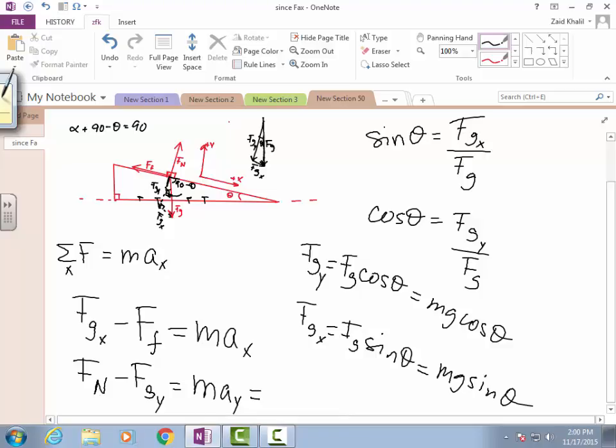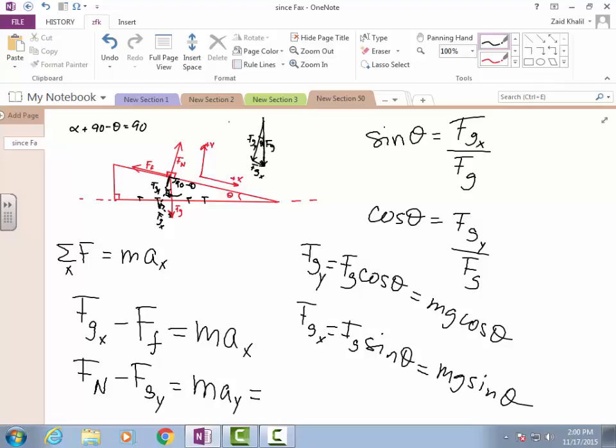But what can you say about ay? Why? Because this thing's not floating up in the air. How is it actually not moving? What is the precise movement it's not doing? Not moving perpendicular to the surface. Correct. When you let this go, what you don't observe is this thing start accelerating this way. In other words, the acceleration in this direction is 0.